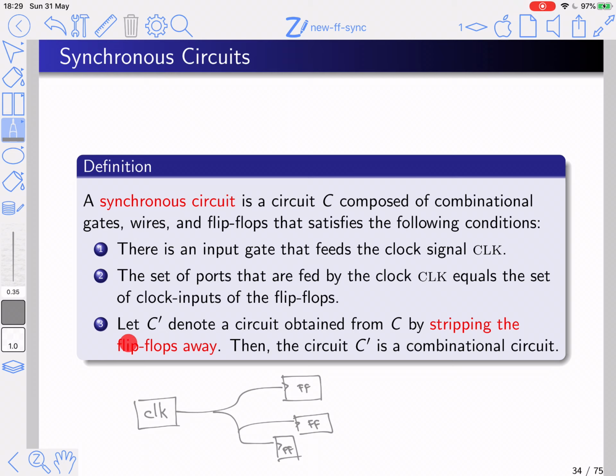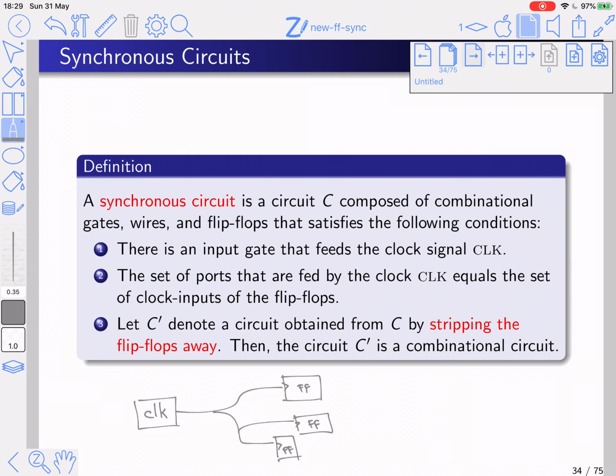The third point is we employ a transformation that takes the circuit C and gives us the circuit C prime. We call this transformation stripping the flip-flops away. And then I'll define what this transformation is in a second. Once we derive C prime from C, we check C prime and we see that C prime is a combinational circuit. Okay, this is the reduction that I was talking about.